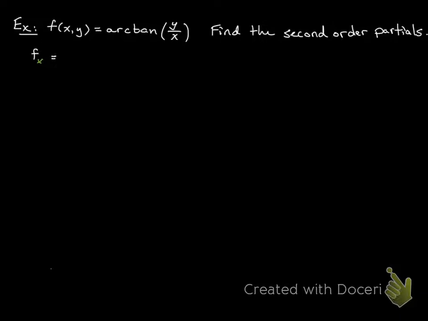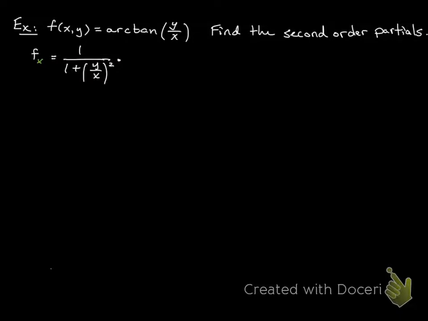And I'll talk about that as I get to the argument. But basically, the derivative of arctangent should be 1 over 1 plus the argument y over x, quantity squared. Okay? That's the derivative of arctangent of something times the derivative of the something, or the partial derivative of the inside, y over x.